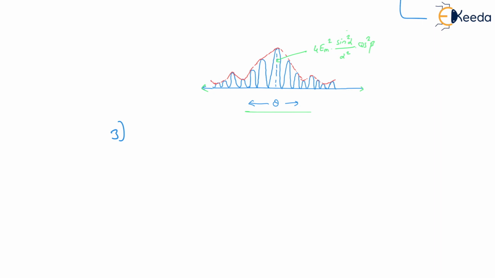Now if we increase the wavelength, what will happen? If lambda is increased, the field of view will become broader, or the fringes will move apart.